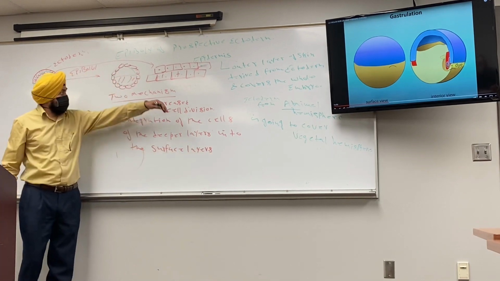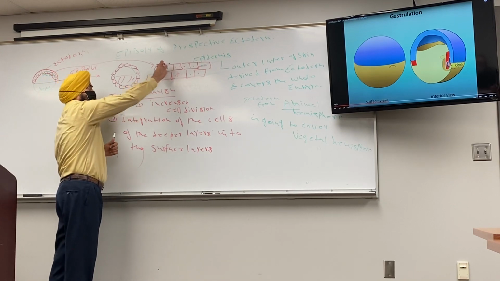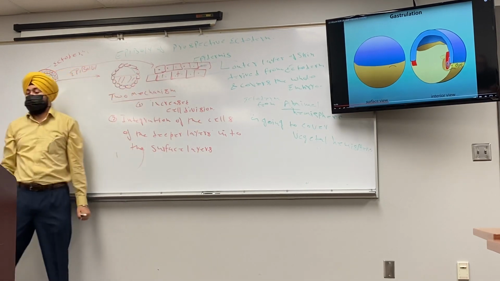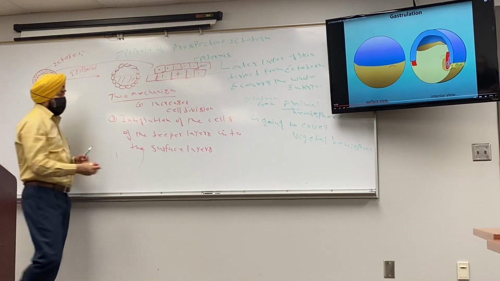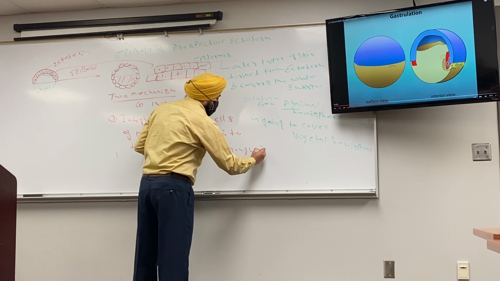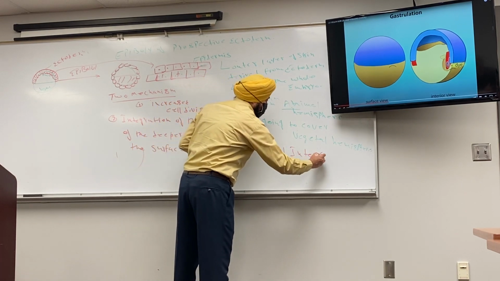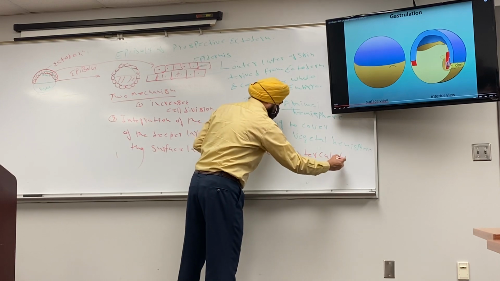So the cells which are in the deeper layers will integrate into the cells of the surface layer. And that is going to happen through radial intercalation. And what is that? I'm going to explain.